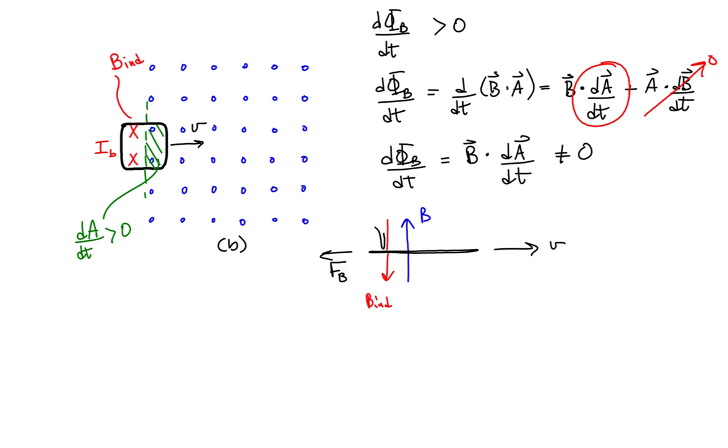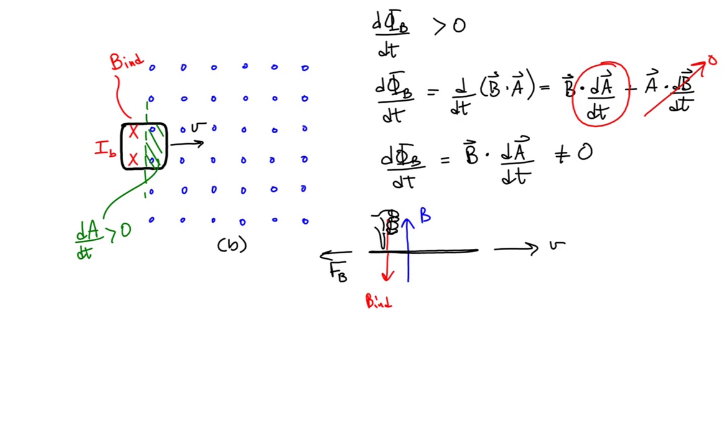So here's the thumb of our right hand. I'm putting that in the direction of the magnetic field. And then what we do is we curl our fingers, and the direction our fingers curl is the direction of the induced current.